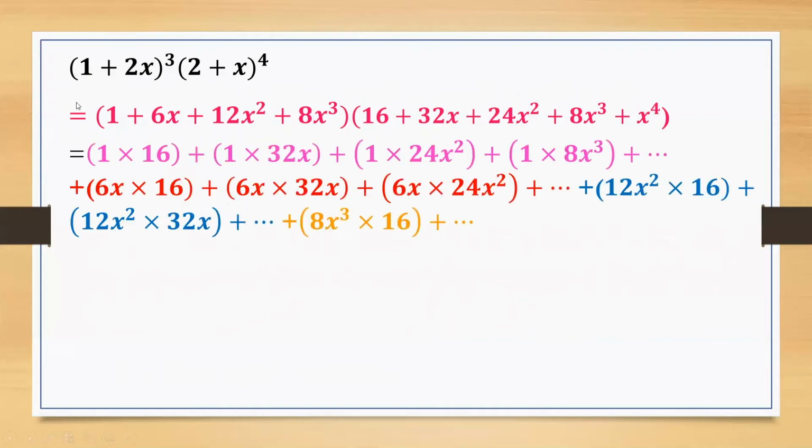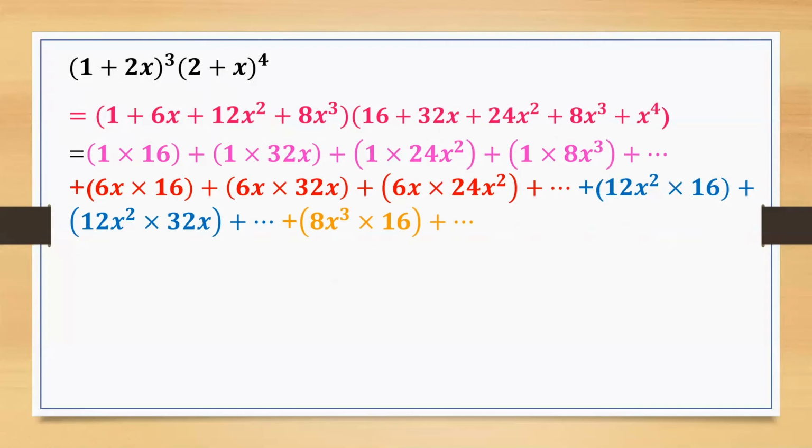So 1 will be multiplied by all these terms. 6x will need to be multiplied by all these terms. Similarly, 12x² multiplied by all of them. 8x³ multiplied by all of them. But remember, in the question, we were asked to find the first 4 terms. So I'm going to ignore terms including x⁴.